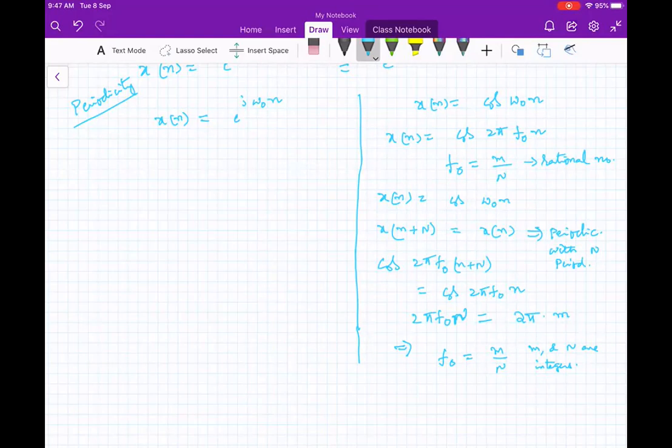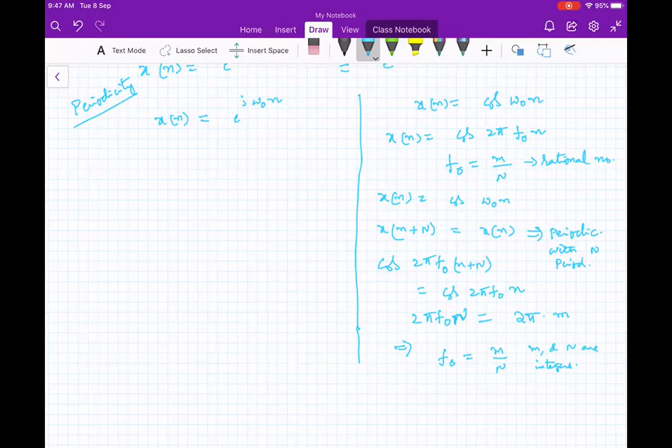So what do you think is the condition here for this to be periodic? Now let us come to the discussion on complex exponential. So will you be able to tell here or not? Yes, sir.